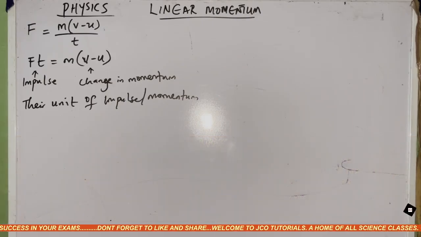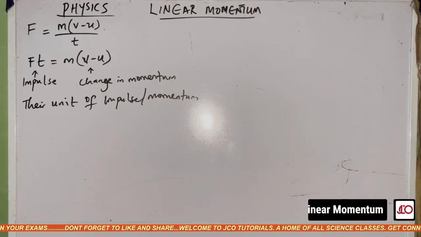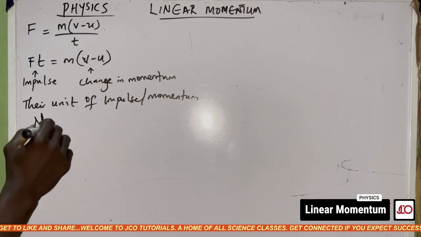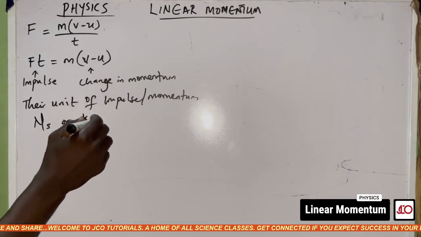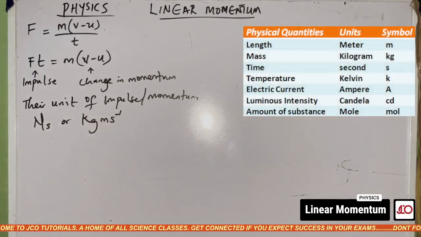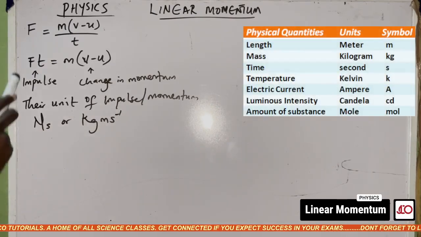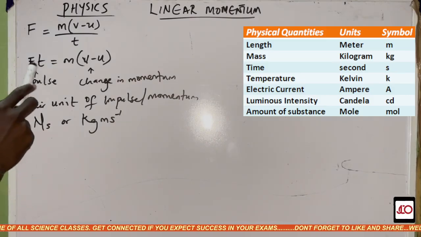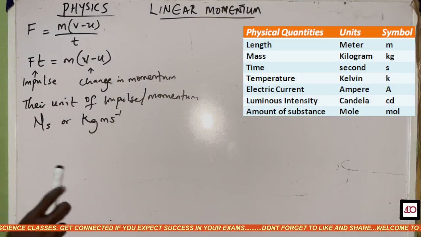Once you know those things, it helps you to follow up with what we are dealing with. So the unit of impulse and momentum is what? Newton seconds or kilogram meter per second. How do we get our unit in physics? Force is measured in Newton, time is measured in seconds. So if it's force multiplied by time, it is Newton seconds.